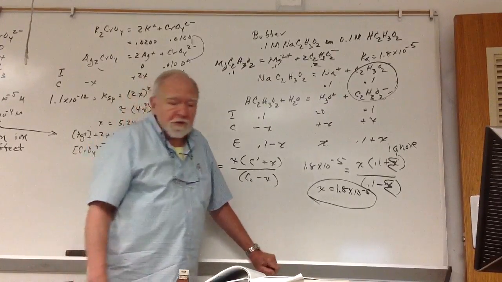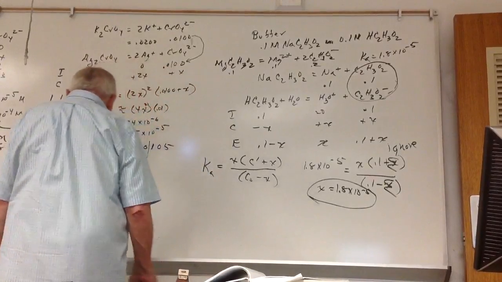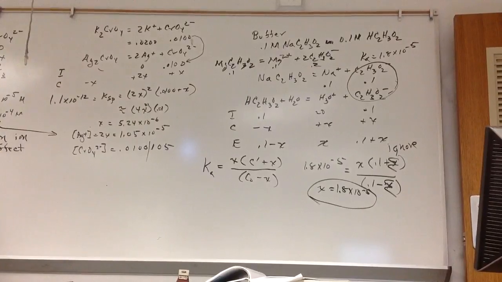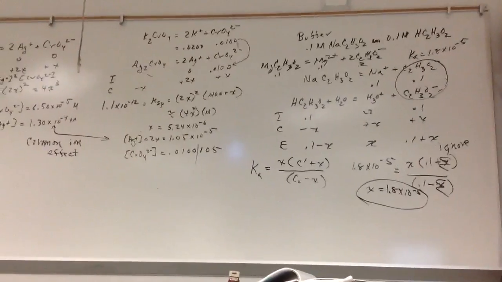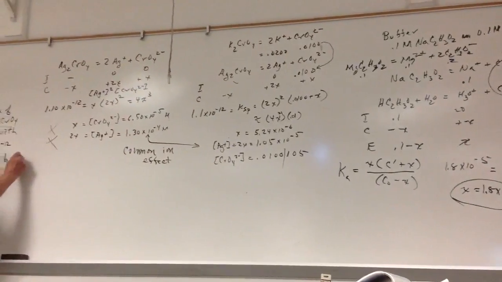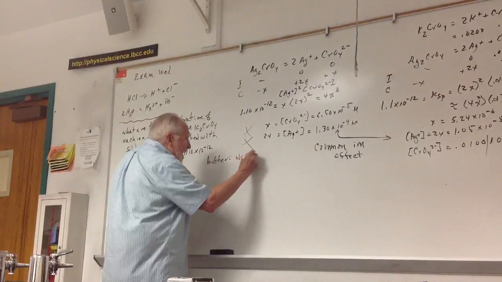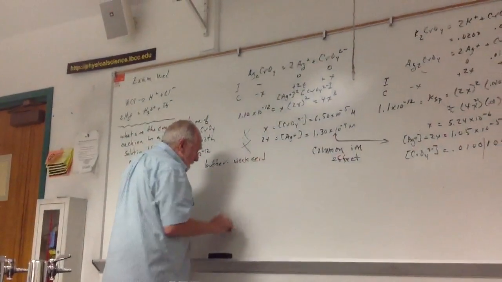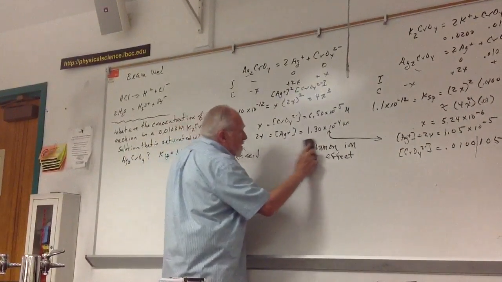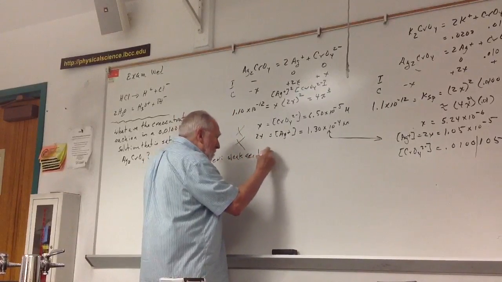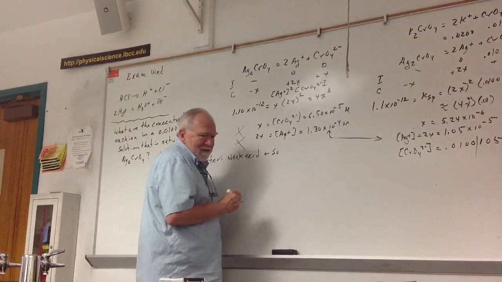Now, a buffer solution, and I'll do a lot more with this. As I said, I might get common ion on the exam. But a buffer solution is made up of a weak acid plus a soluble salt of the conjugate base. If it's an insoluble salt, it doesn't do you any good.